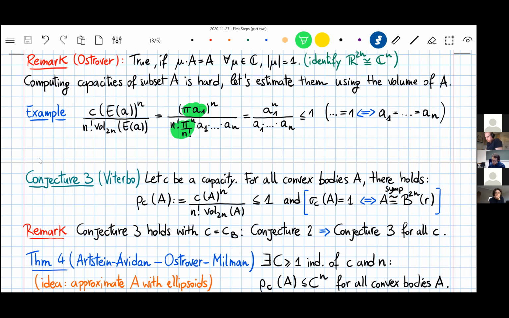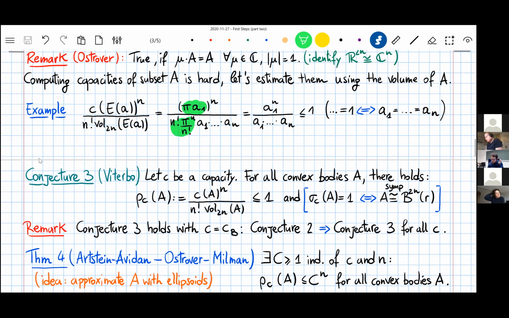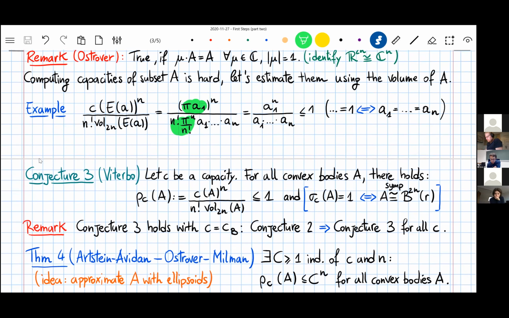And so this brings us to this third conjecture, which was formulated by Viterbo in the year 2000, saying that if you have any capacity C, then for all convex bodies, this ratio, the capacity to the n divided by the volume, normalized with this constant n factorial, should always be less than or equal to 1.